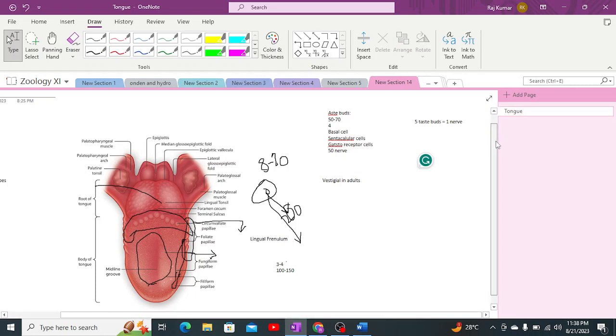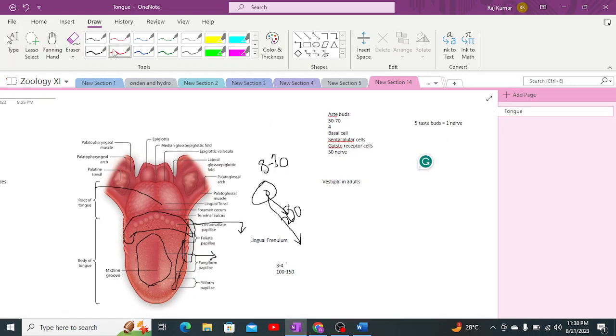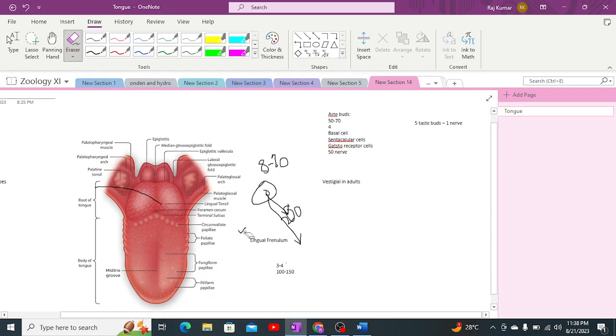And now let us discuss our taste as well. As we previously discussed, there are four basic tastes of the tongue. On the posterior side, we are having the taste of bitterness, which is usually detected by the posterior side. Taste of sweetness, I guess we should start with. Let me just raise it in order to make it a bit clear.